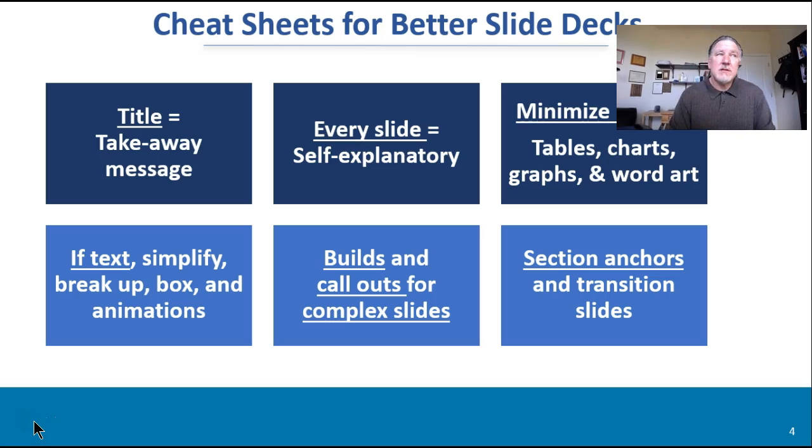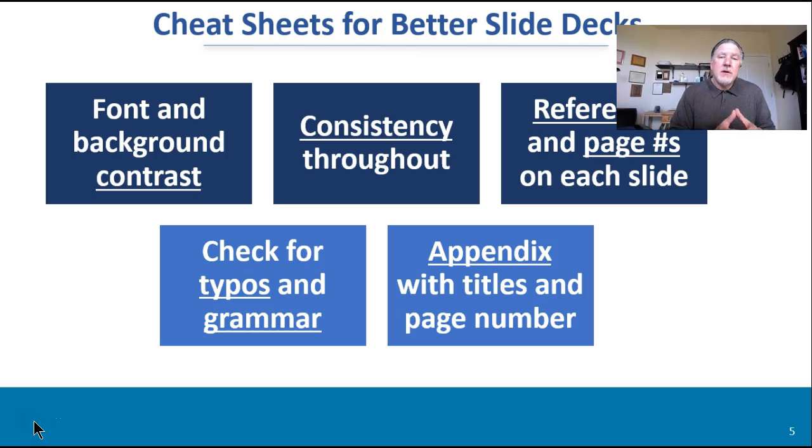And last but not least, as you work within 3 sections, you might have a section head or an anchor where we would have maybe 2 or 3 icons that would designate, either on the bottom or the top, which section you are in. In addition, font and background contrast is critical, and don't just take for granted the contrast that you see on your computer.